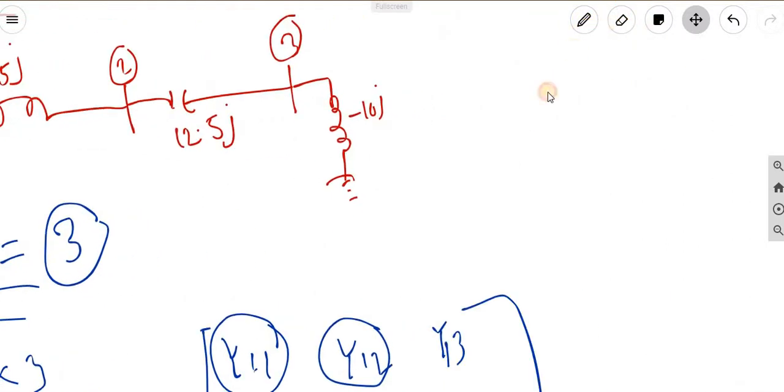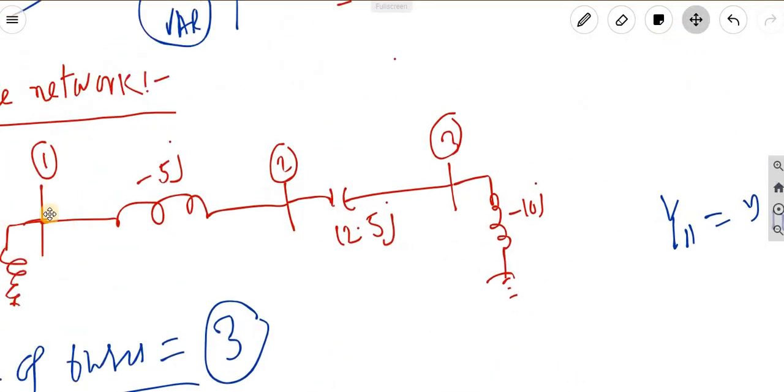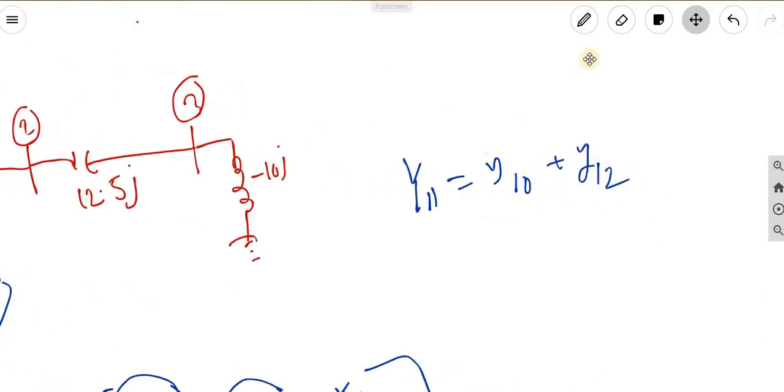So as I told you, this Y11 would be the summation of Y10 plus Y12, because it is connected with 1 2, not 1 3. So it will be like this only.